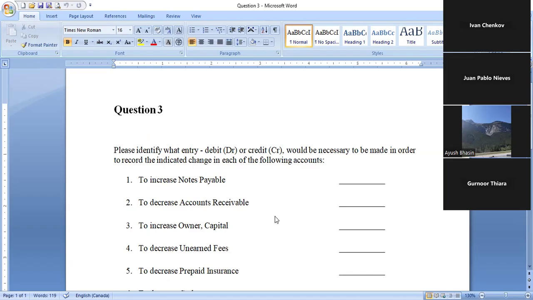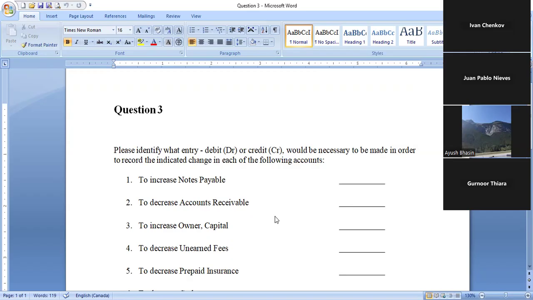On the liability and equity side, credit increases liability and equity, debit decreases them. If we have expenses, debit increases the expenses. If we have revenue, credit increases the revenue.